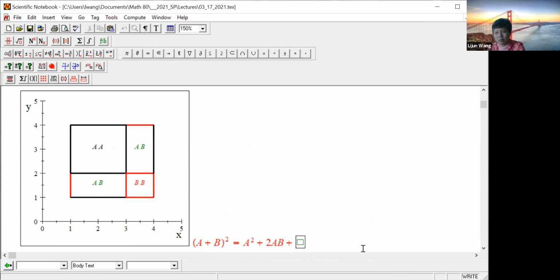You guys, what should be in the blank to make a perfect square? A matches A, we have a 2B. Half of 2B is what? It's B. B squared. Does everybody follow me? Yeah?